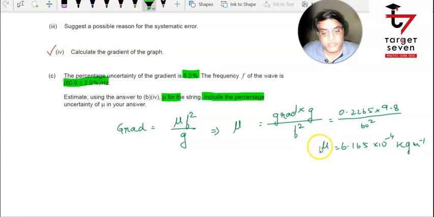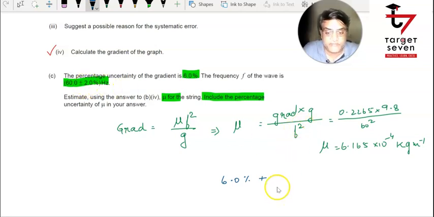Now, if you notice, the calculation of mu involves multiplication and division. Whenever there is multiplication and division involved, we always add the corresponding percentage uncertainties. The percentage uncertainty in the gradient has been given to us as 6%, and the percentage uncertainty in the value of frequency has been given to us as 2%, but then there is frequency squared, so that will be 2 times 2.